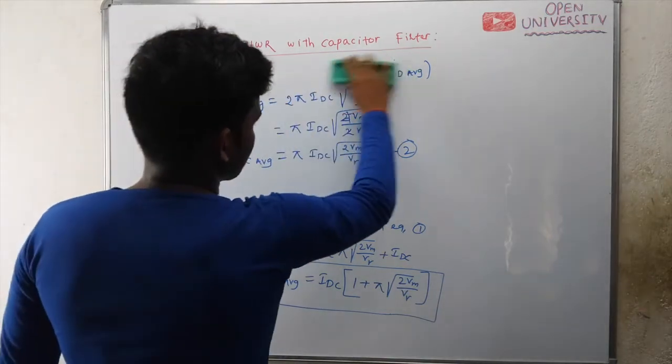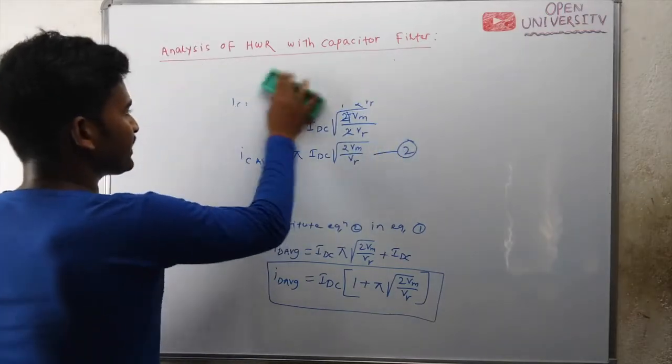The last formula, that is peak diode current.